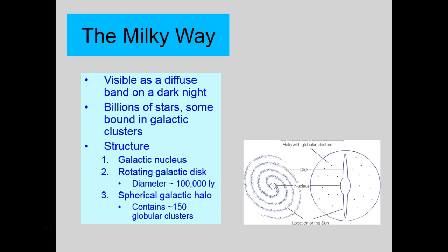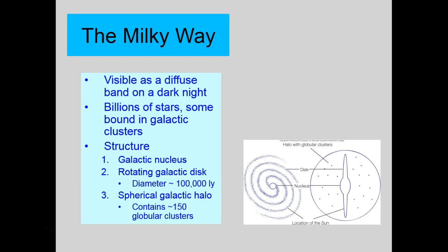Now, so that's the rotating disk. There's also this spherical galactic halo, okay? And that's what this is, okay? A spherical galactic halo that's all around that disk, okay? There are globular clusters out here, star clusters, outside the disk, but still gravitationally held by that center.